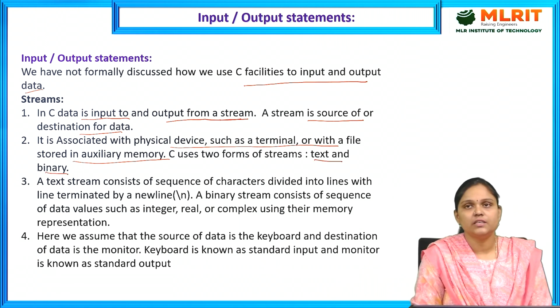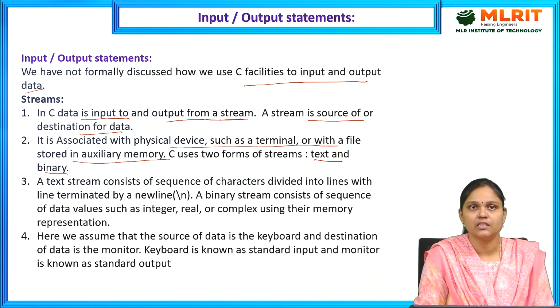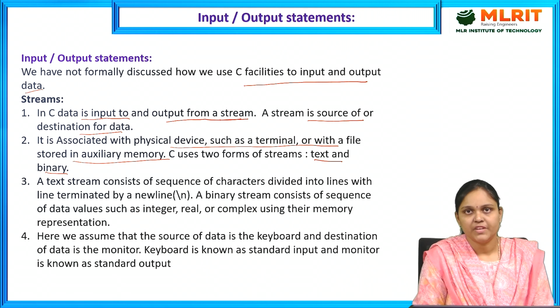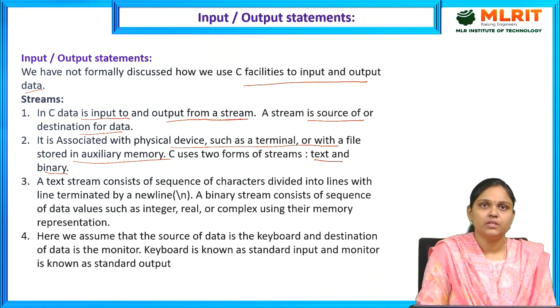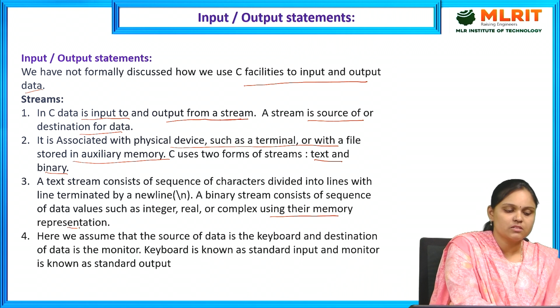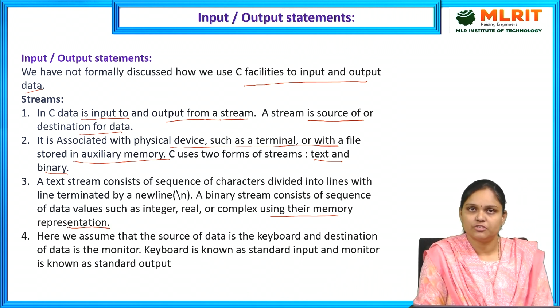In a text stream, it contains a sequence of characters, numbers, integers. Whatever data we give will go through the text stream. Coming to the binary stream, real data or complex numbers are used by their memory representations.